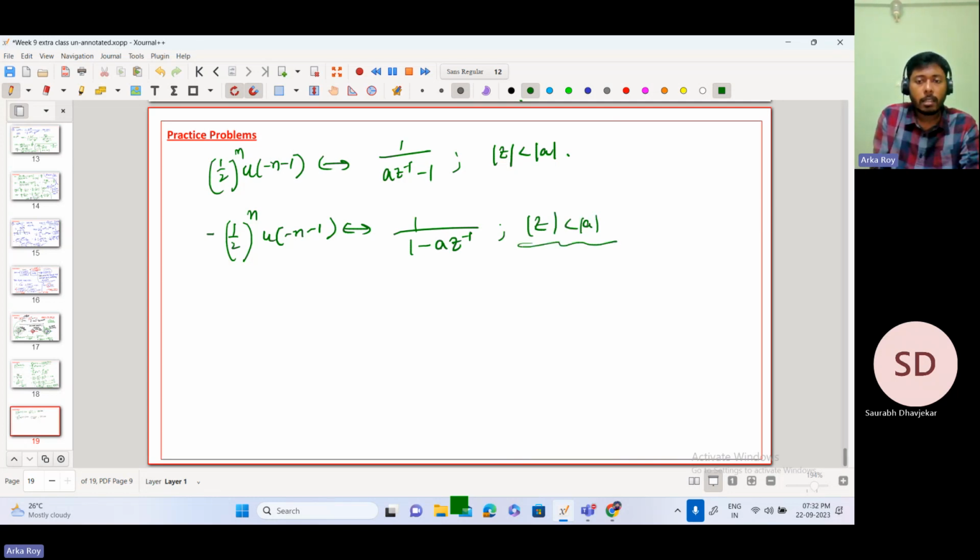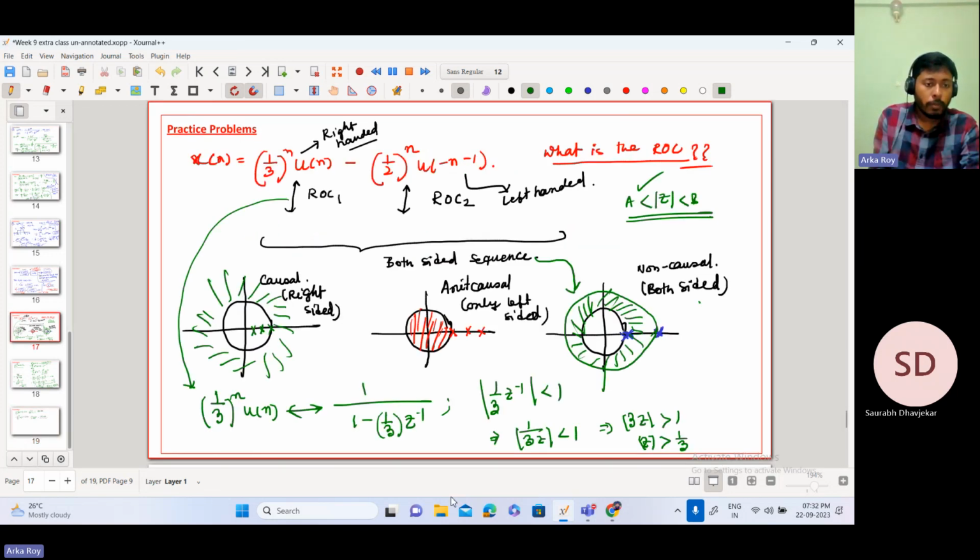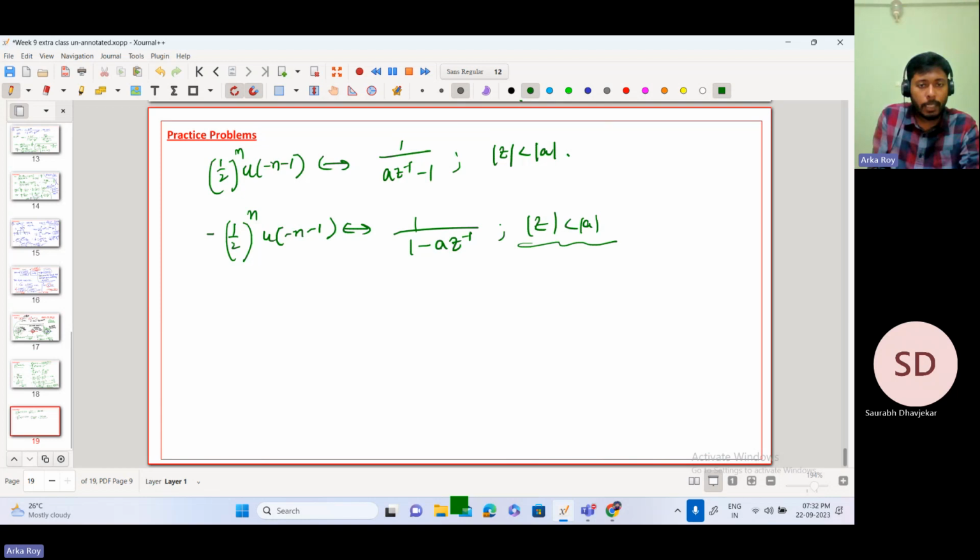So mod z is less than mod a. If I consider this particular relation that was given over here, sorry, I should take it initially as a, and then I will replace it with half.